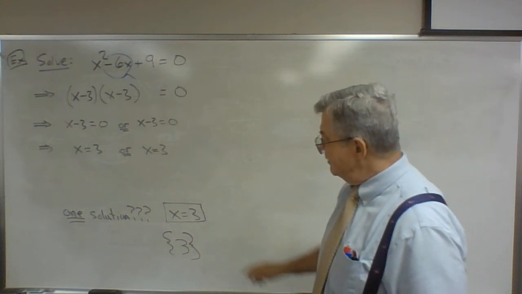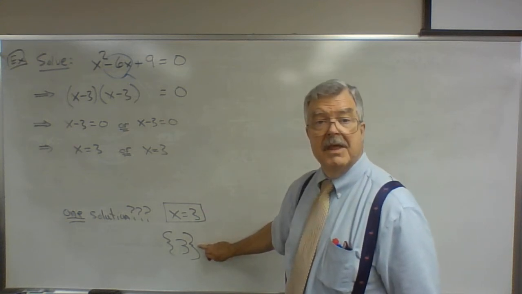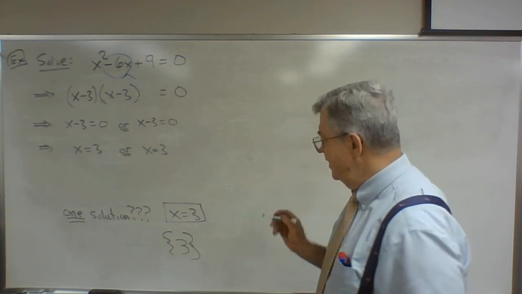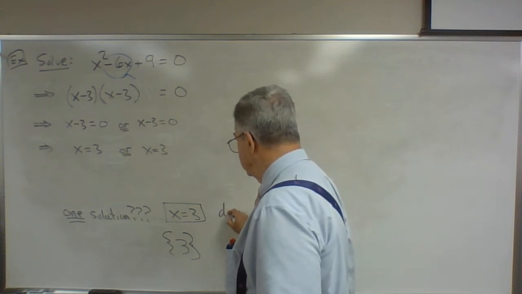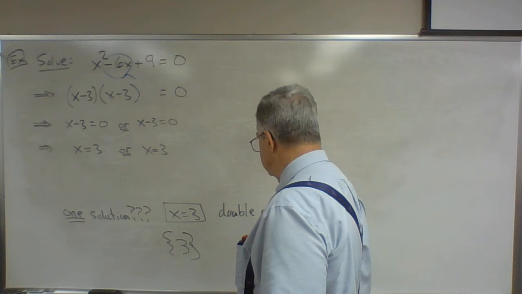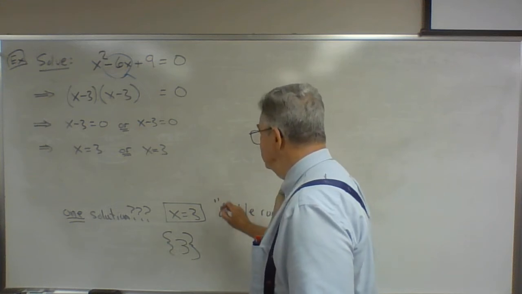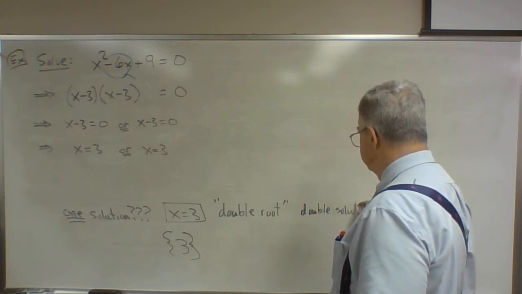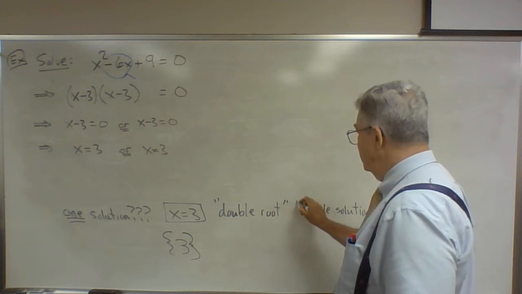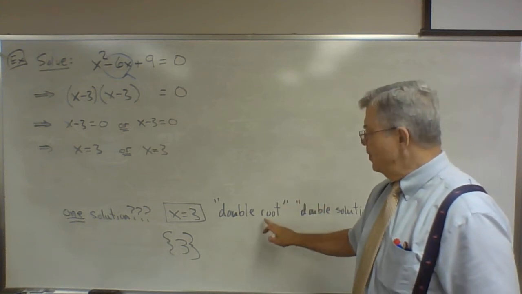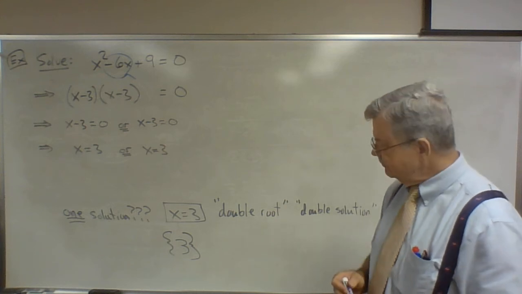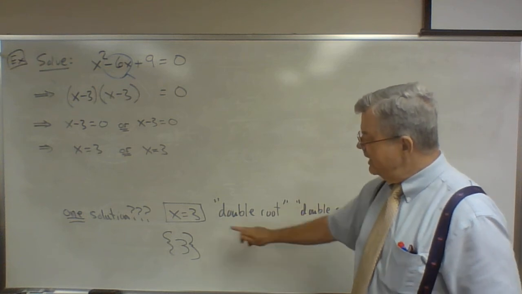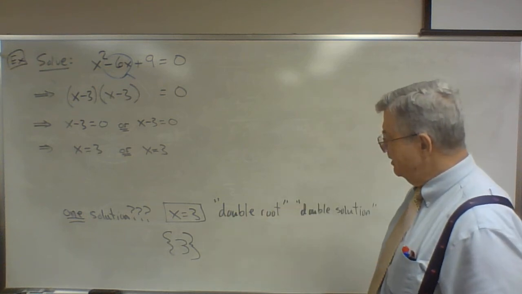And so when we get a single solution to our quadratic equation, our book calls this a double root or a double solution. In math, sometimes we use the word root instead of solution. But this is the case where we can get a single solution for a quadratic equation.